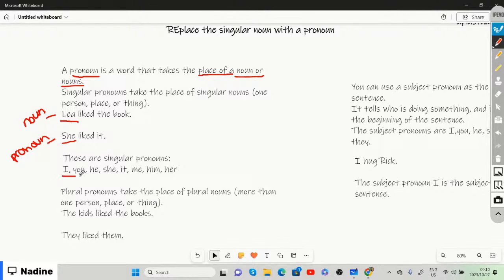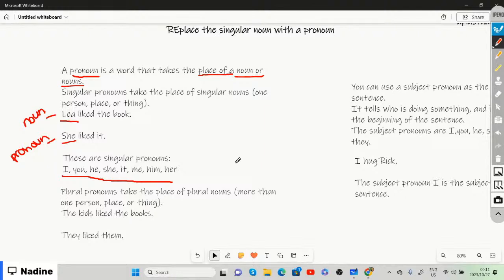Once again, these are the singular pronouns: I, you, he, she, it, me, him, and her. These are the common pronouns that we may use to replace nouns.